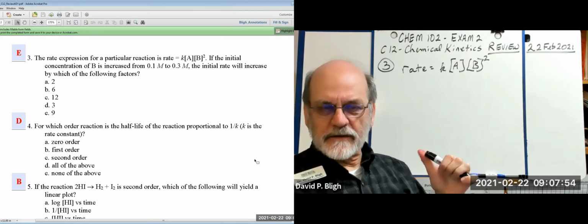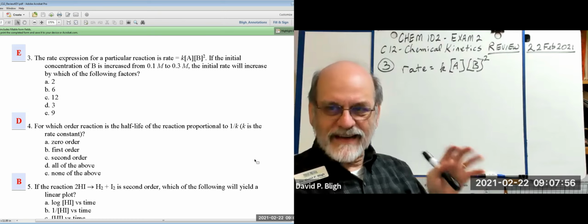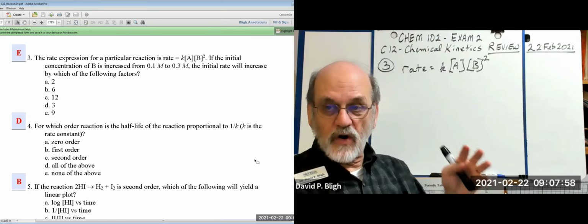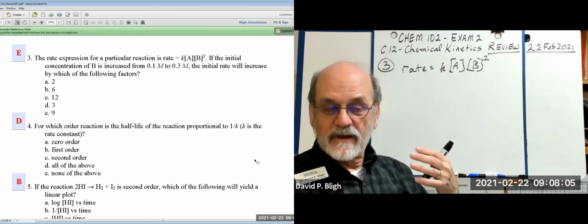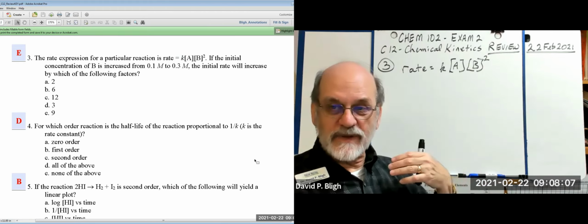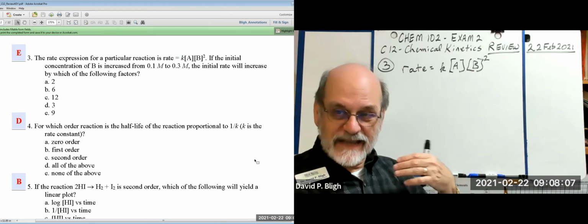So the question is, with that knowledge, and you know that B is going to be increased from 0.1 molar in one experiment to 0.3 molar in a second experiment, what effect does that have on the rate?